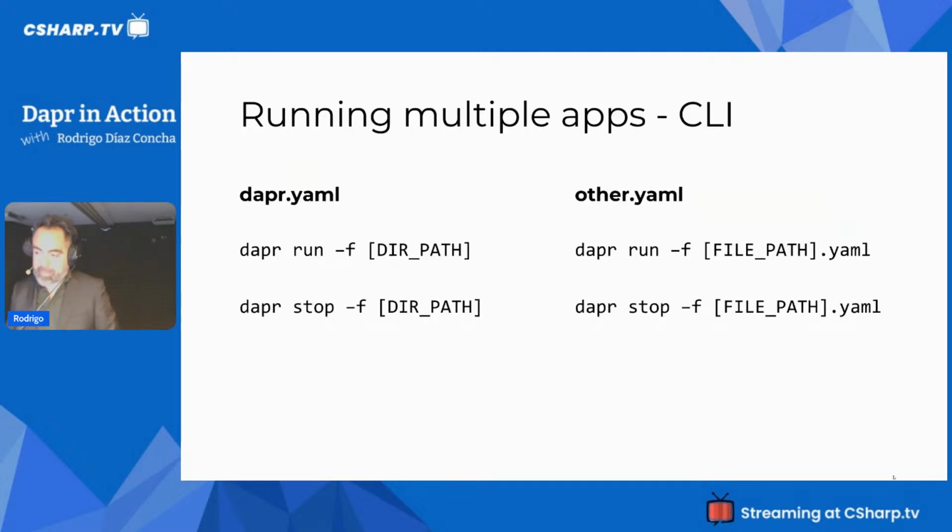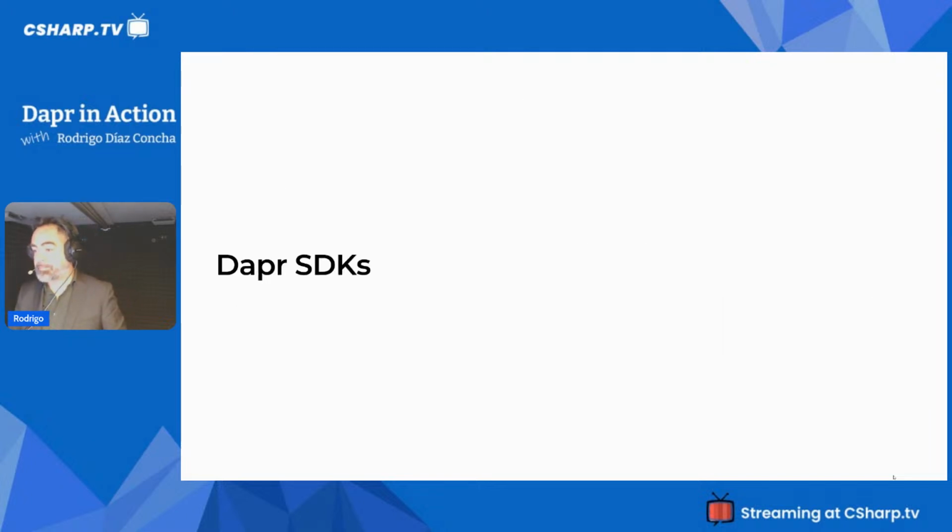And you can execute the dapr.yaml file if it happens to be named that way with dapr run, and then just pass the directory path. And if you happen to have another YAML file, I mean, you renamed it or you used another name, then you just pass the file path for that particular YAML file. And this is perfect.